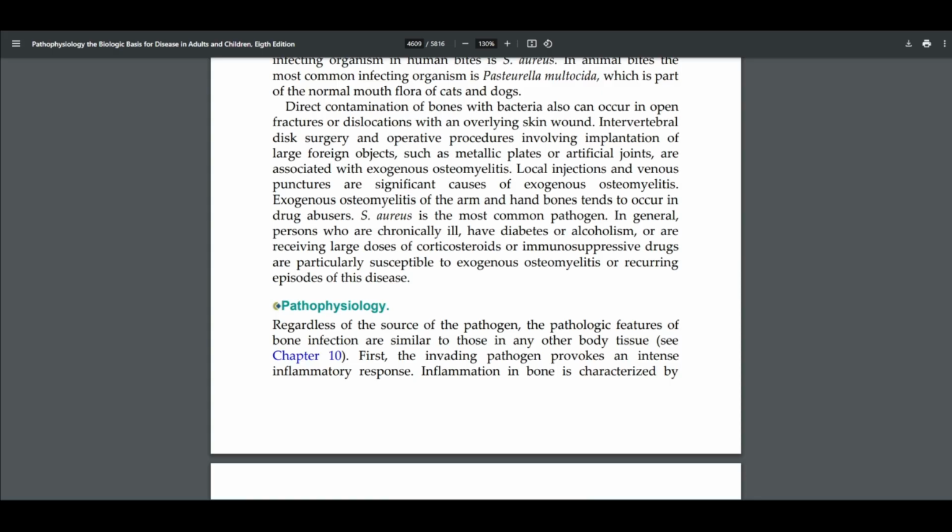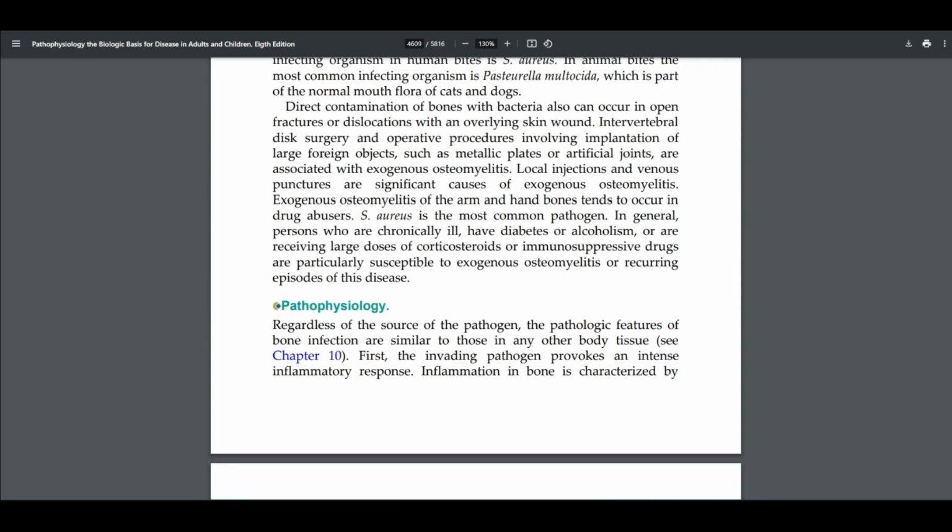Intervertebral disc surgery and operative procedures involving implantation of large foreign objects, such as metallic plates or artificial joints, are associated with exogenous osteomyelitis. Local injections and venous punctures are significant causes of exogenous osteomyelitis. Exogenous osteomyelitis of the arm and hand bones tends to occur in drug abusers.